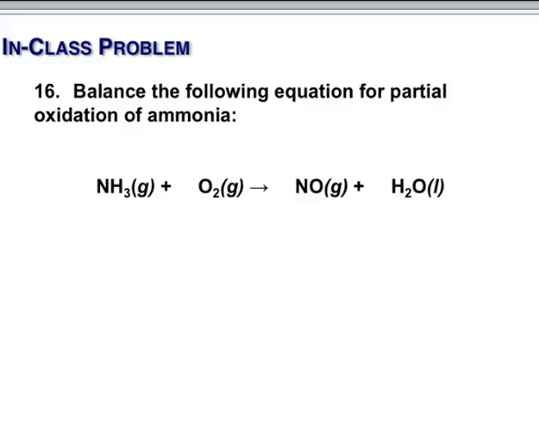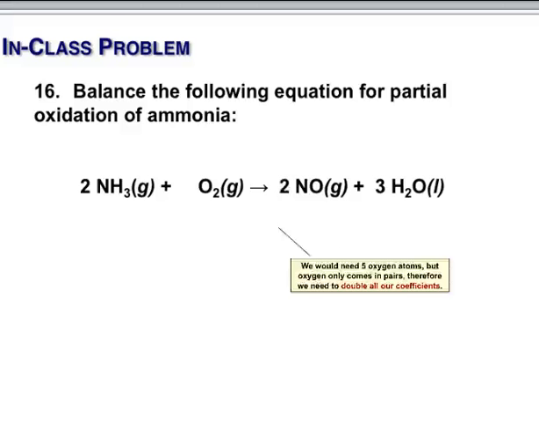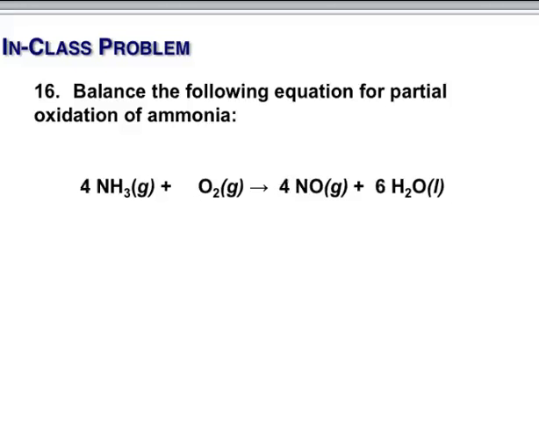So the way I do it is I just say, all right, let's make this even. Now let's see what happens. We put in 6 hydrogens, so we need 3 waters. We put in 2 nitrogens, so we need 2 NOs, which means we would need 2.5 O2s. Can't have 2.5. So let's double everything and make it 5.